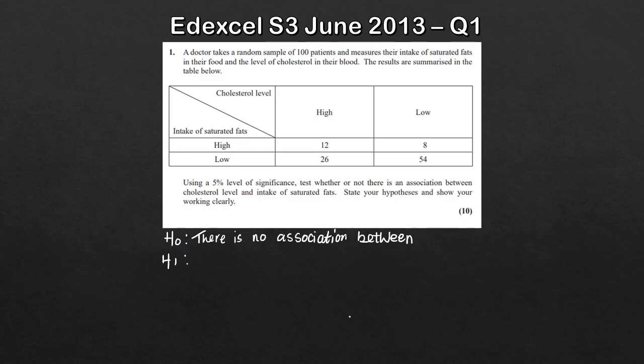So in this case, we're testing for an association between cholesterol level and the intake of saturated fat. I'm just going to abbreviate that as SF, okay, for saturated fats. And then H1, I'm not going to write it all down. The only difference is for H1 that we're testing that there is an association. So there is an association.